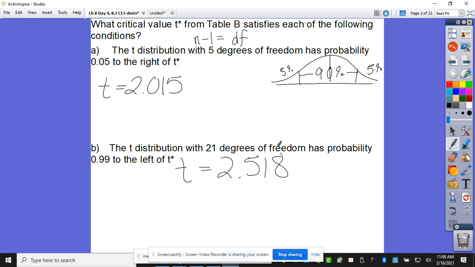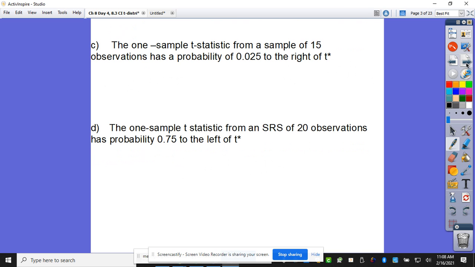N, so you have to do N minus 1. And I wouldn't expect you to write all that out. I'm just doing that for right now. I would expect you to write degrees of freedom as 14.